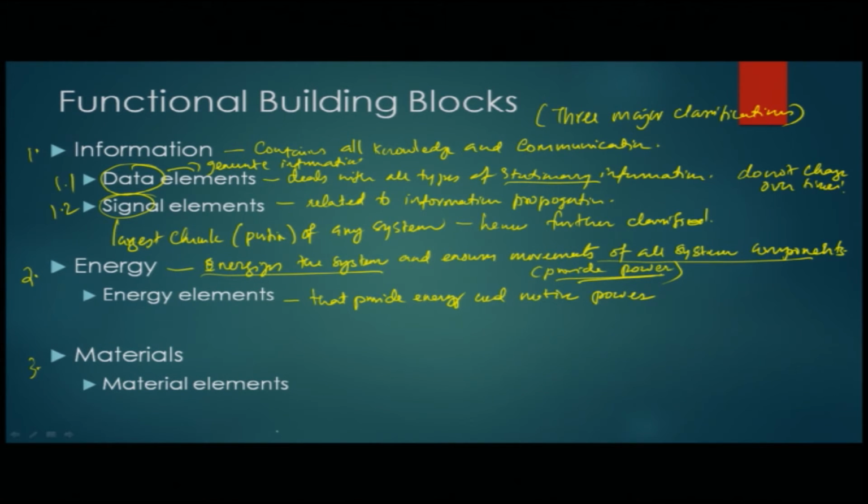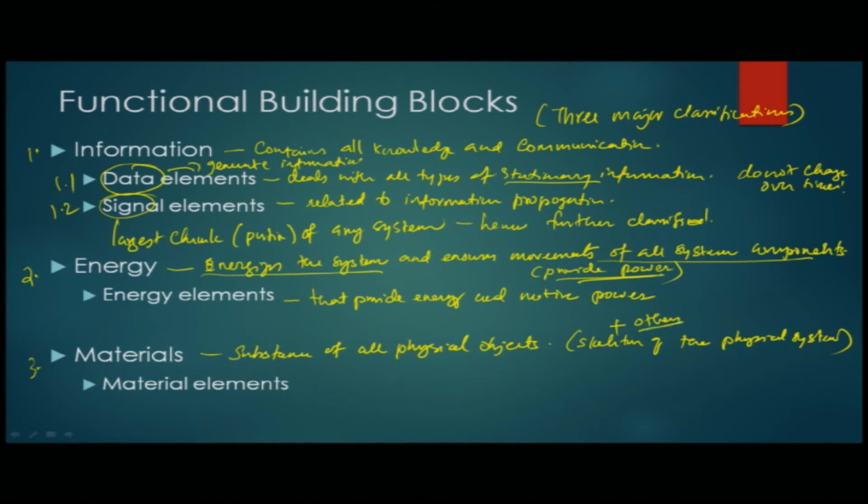Then we have the materials, which is the substance of all physical objects. This is how you actually make the thing that forms the skeleton of the physical system. It doesn't have to be skeleton, it can be everything else. Skeleton plus others, all of those aspects are part of this. Then what are the material elements?